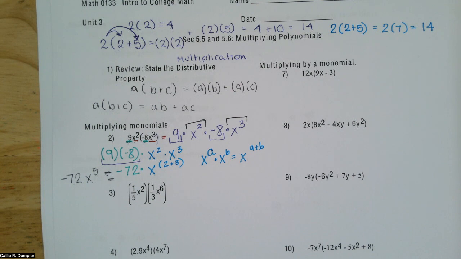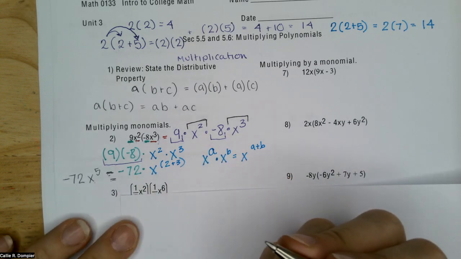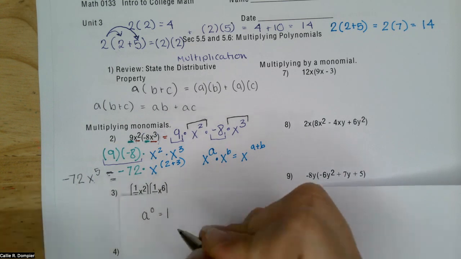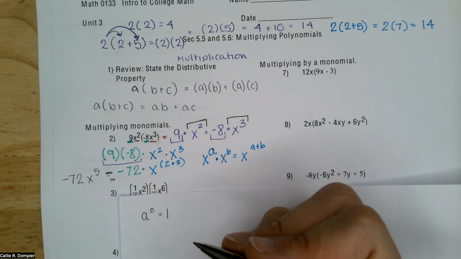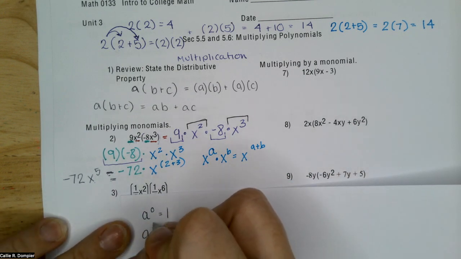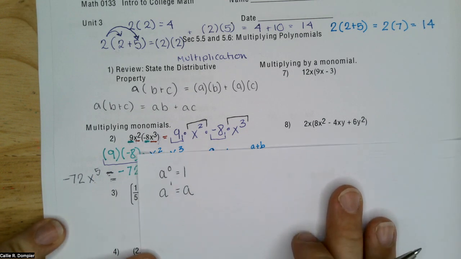Should we write down the rules of exponents? So the rules of exponents real quick are, the 0 rule is anything to the power of 0 is 1. The identity is anything to the power of 1 is itself. Okay.